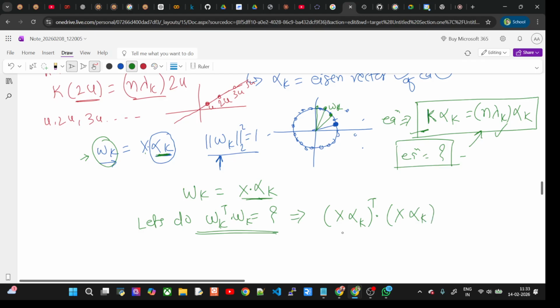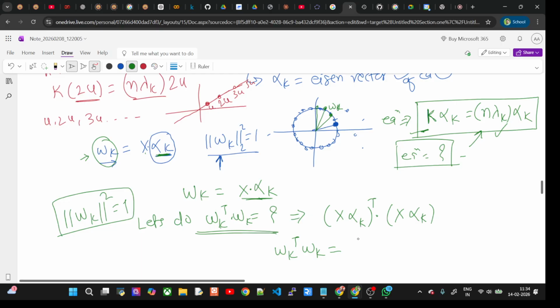Okay, till now this is fine, correct? You know that because we already know wk's length is 1, it is of unit length 1. So this is nothing but wk transpose wk equal to here.